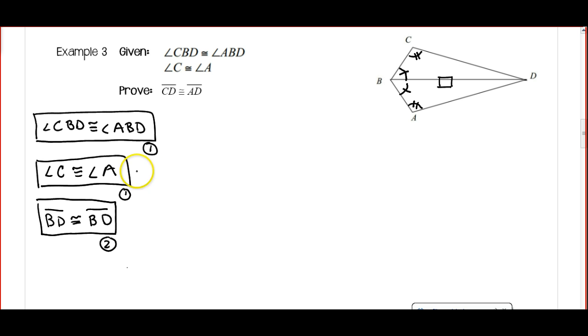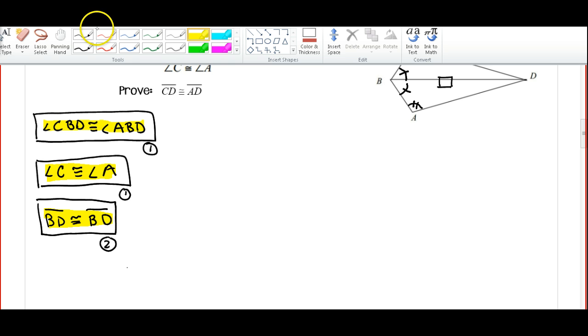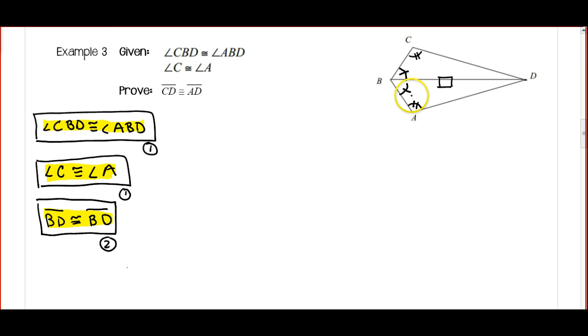And if you wanted to go ahead and make your list of reasons as you go, that's fine. I just like to do it at the end so I know where I have room after my proof. So now I can see I have a pair of angles here, another pair of angles here, and a pair of sides here. And I can see from my picture that it's going to be angle, angle, side.